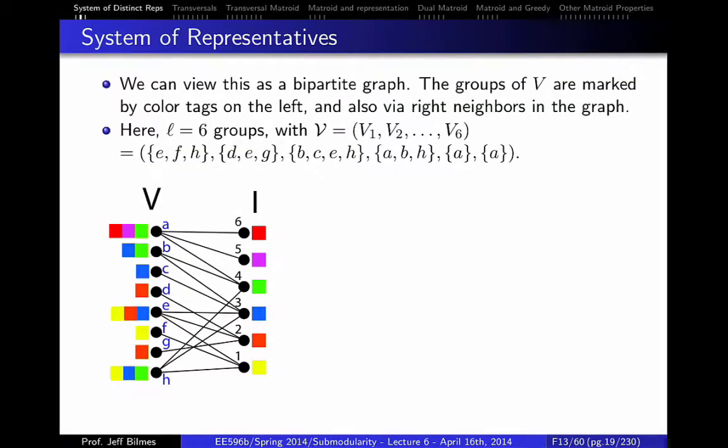How many groups do we have? We have 6 groups. So V1 is EFH, basically E, F, and H here. V2 is DEG, and so on and so forth. Okay, so everybody should be clear on that.